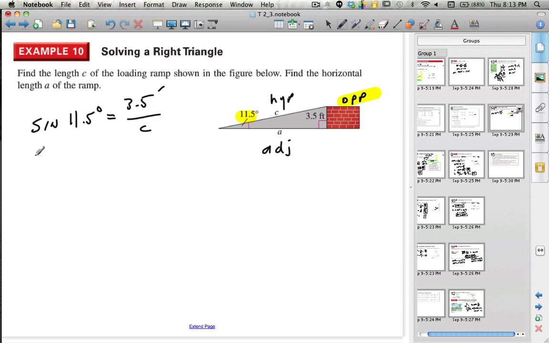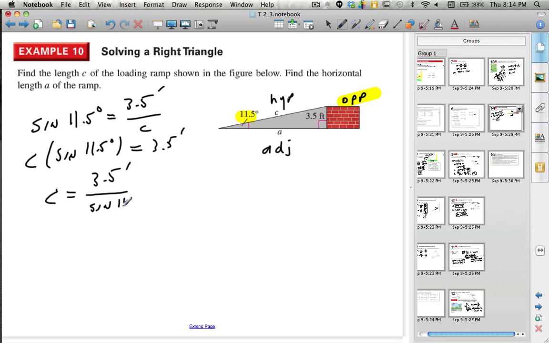If I multiply both sides by c, I'll get c times the sine of 11.5 degrees is equal to 3.5 feet. Okay, so it's not in the denominator anymore, but now I've got to get rid of this sine of 11.5. If I divide both sides by that, now I've got a new equation solved for my variable, and this should allow me to very quickly get my answer. You'll notice I didn't bother to find what the sine of 11.5 was yet.